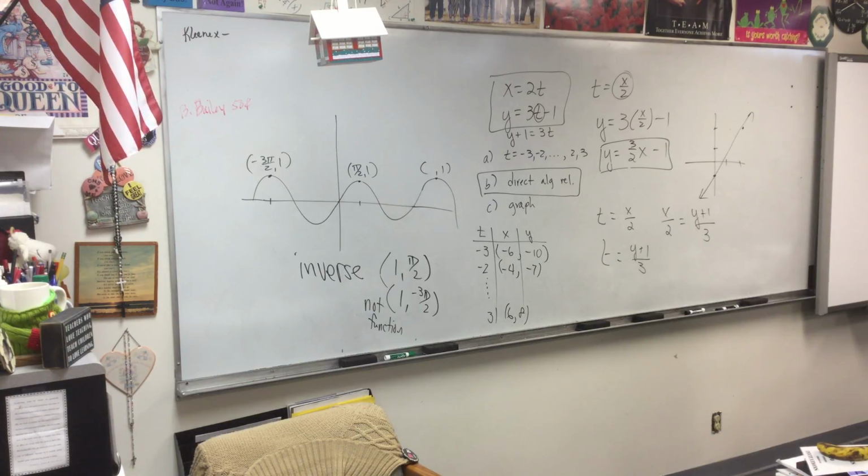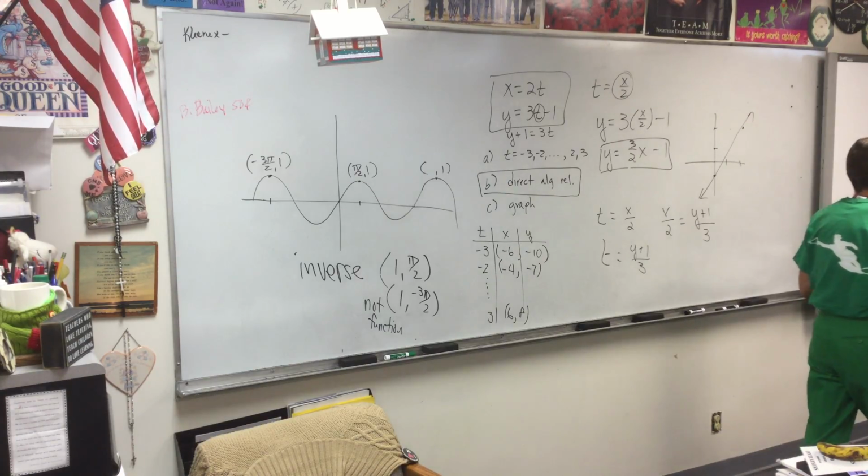So let me say this again. It's not confusing, but sometimes it is when you say it. Somebody says, is it a function? You check the x's, right? Vertical line test. You check the x's. If I say, is the inverse a function, you're going to check the y's, and that's the horizontal line test.